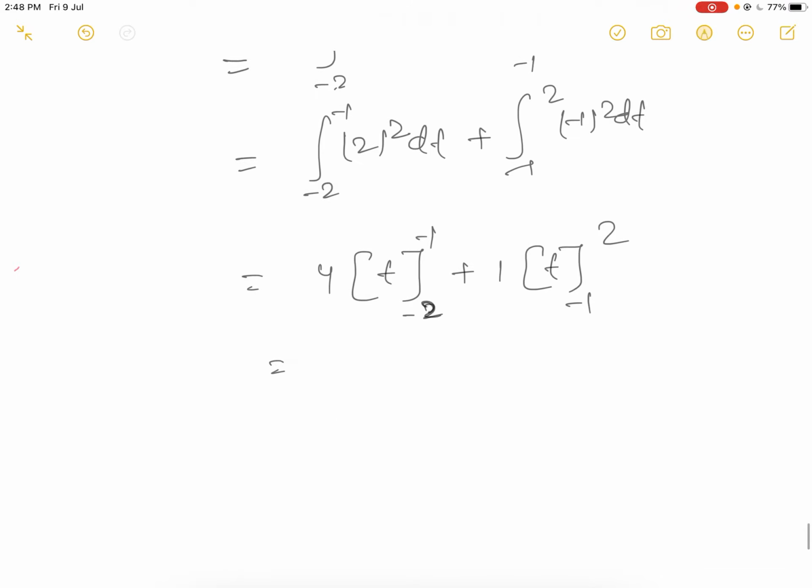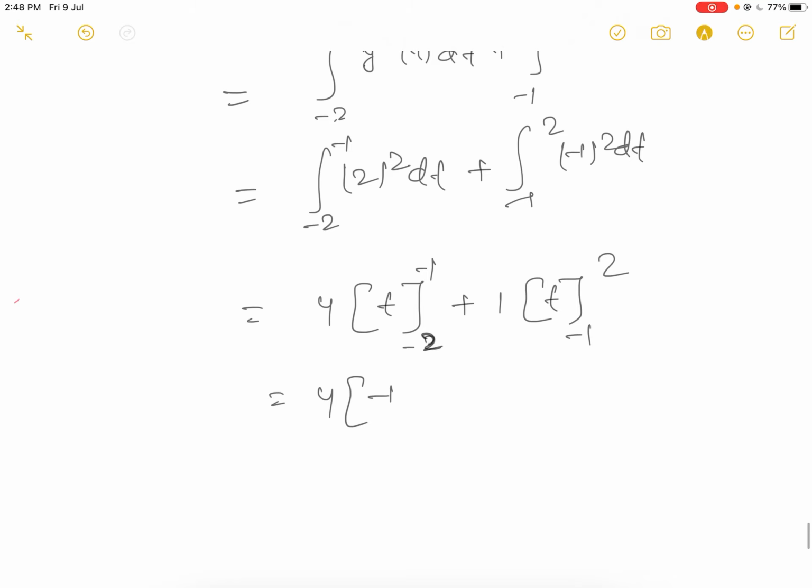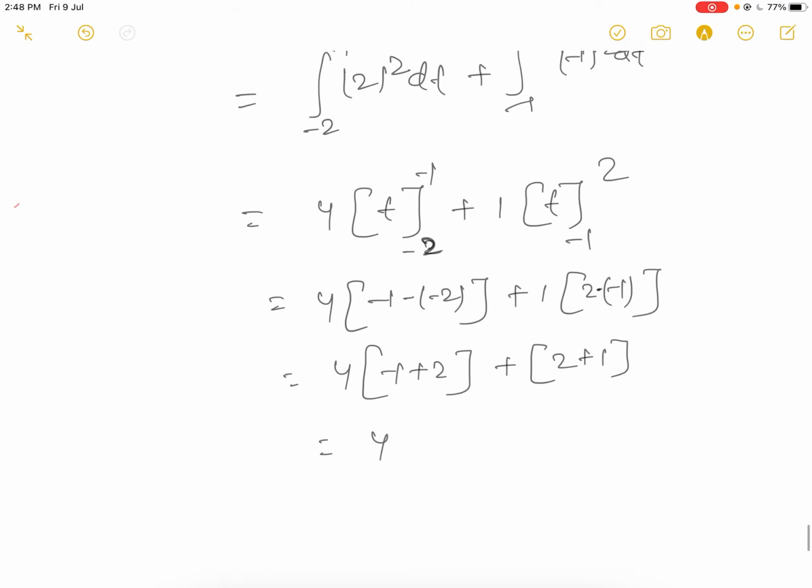Putting in the limits, we get 4 times 1 plus 3, which is 7. 7 will be the right answer. Very simple.